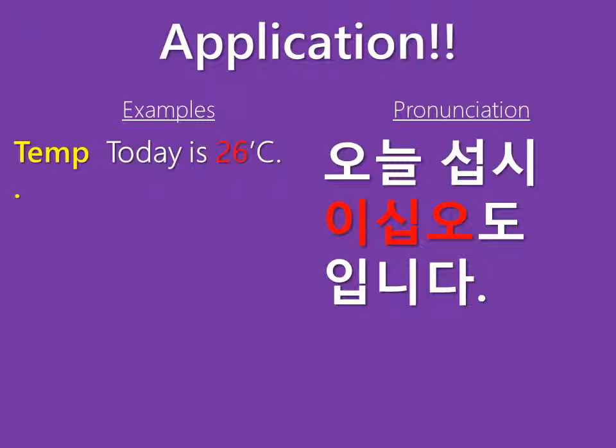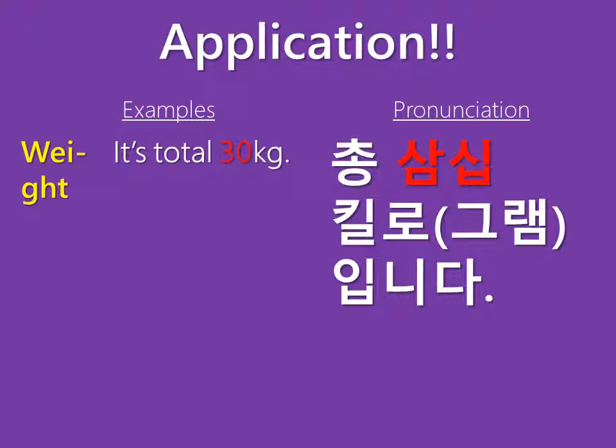That was a mistype earlier, it's 25, not 26. 25도입니다. 입니다 is it is. 오늘 섭씨 25도입니다. Today is 25 degrees Celsius.